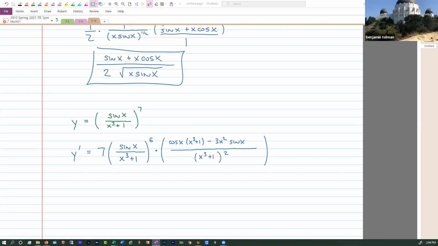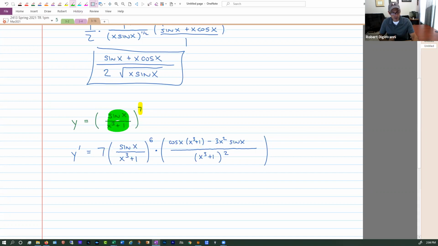I put no. I got the second half correct, but the first half I just didn't. The exponent got me messed up pretty much. Okay, so you understand this part right here. Yeah, I have that quotient rule. Correct. So the outer function is actually the seventh power, right? That's the outer function. And then the inner function is all of this, right?